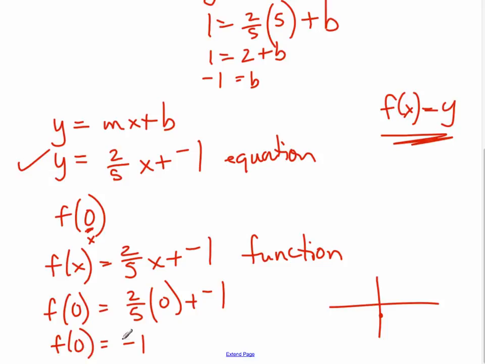Interestingly enough, in this particular question, this is the y-axis, and that's actually the point where it crosses the y-axis. So this is the answer to this question, but it's also your y-intercept. And that's true in general: if I go f of 0, the answer is always going to give me the y-intercept. Okay, hopefully that helps you with that question.